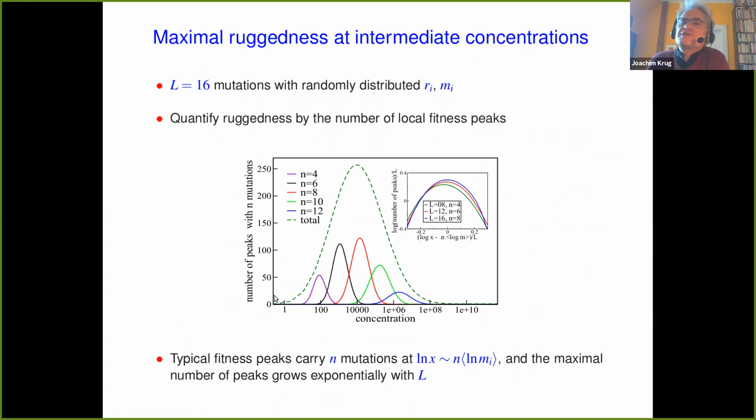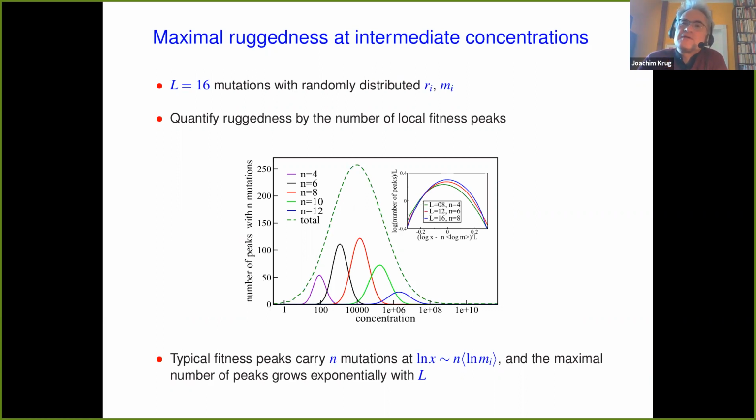If you just look at this dashed curve, you see the number of peaks in the fitness landscape as a function of concentration. So it has a maximum and then it goes down again. And in the inset, you can see the logarithm of the number of peaks scaled by L. So these are landscapes that are very rugged, in the sense that they actually have a number of peaks that is exponentially large in L, which is typical of most model fitness landscapes.